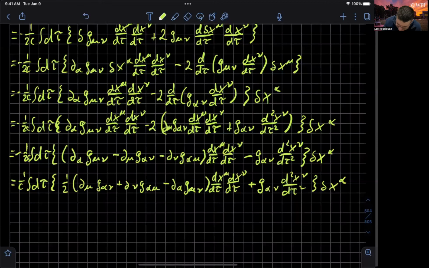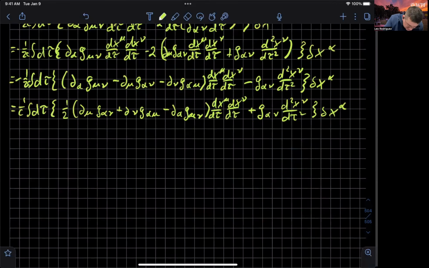Okay. And now the last thing I want to do, and this is really just for convenience, is I want to lower this alpha, which means we have to raise this alpha and add an inverse metric here to raise it. Raising this one just turns it into Kronecker delta, which makes that alpha. And then here we'll have an inverse metric. So last thing I'll do now is 1 over c d tau, and I'll have 1 over 2.